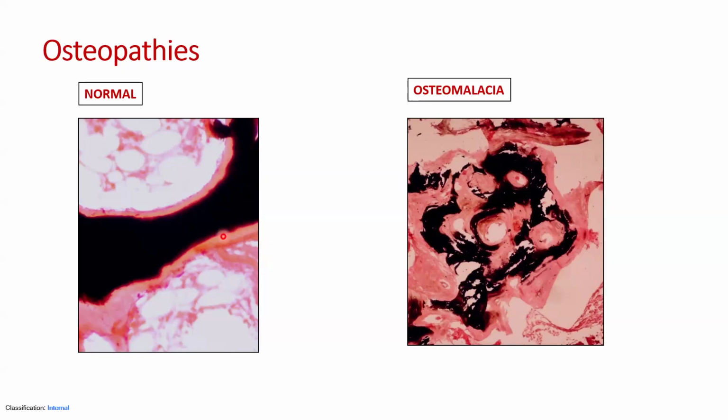The portion lacking calcium is stained pink from the eosin and does not stain by the von Kossa stain.